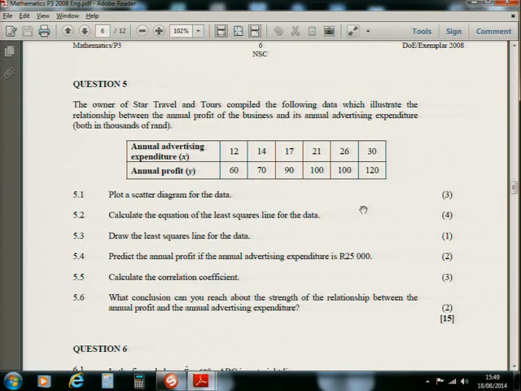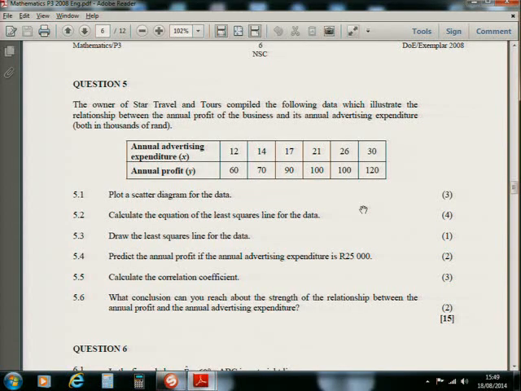Now it means that if you spend 12 Rand on advertising, the profit becomes how much? 60 Rand. Do you agree? If you spend 14 Rand, the profit becomes 70 Rand. And so on and so on. I want you to look at the table.